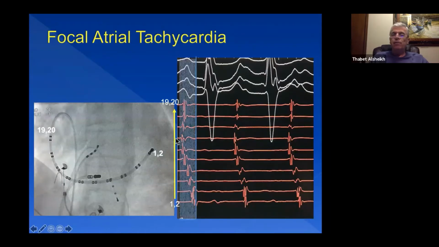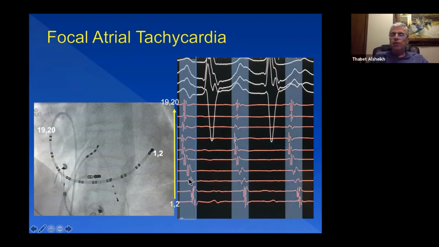You activate the right atrium here, the proximal poles, the CS, the left atrium, in a fraction of the cycle length of the tachycardia, activating both atria, and nothing in between. Remember, isoelectric line, no activity in between atrial activation times in case of focal atrial tachycardias.